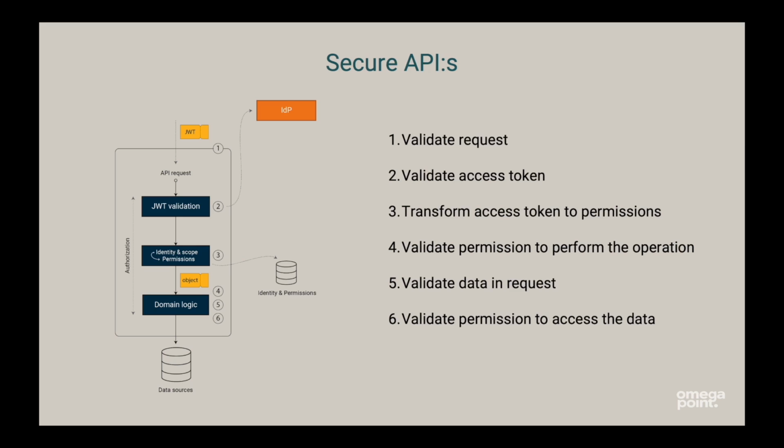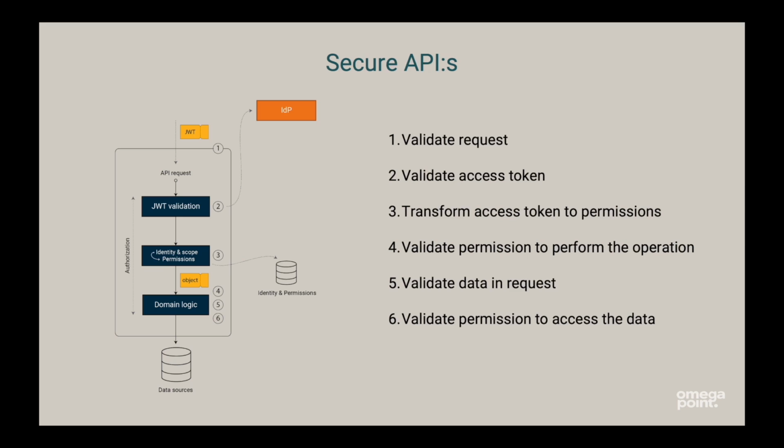So now we know that we have a valid HTTP request with a valid ticket or token. But before we can do fine-grained access control, we need to go from authentication metadata represented as claims in our token to local permissions, which are understood and controlled by your domain.